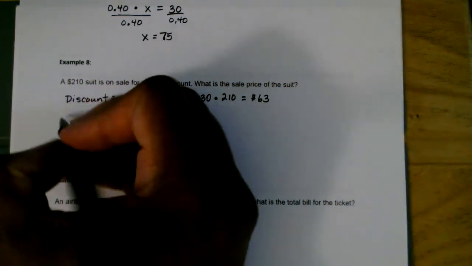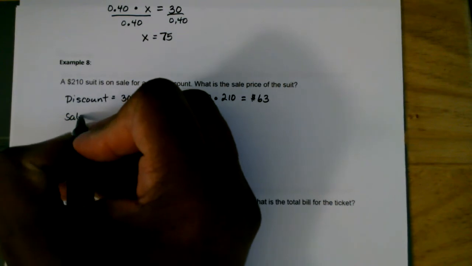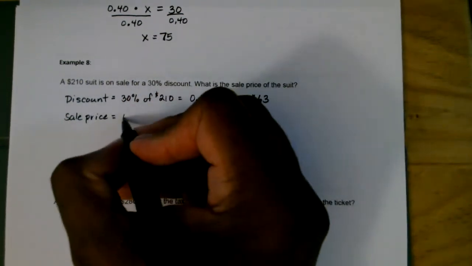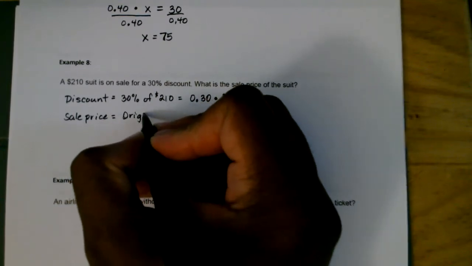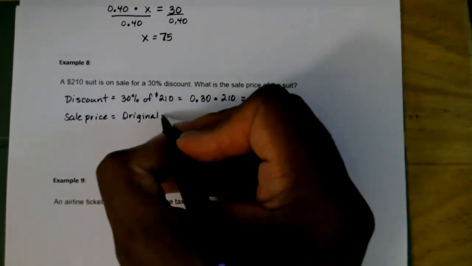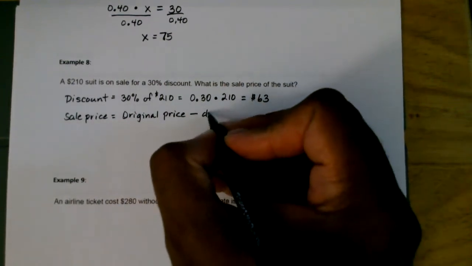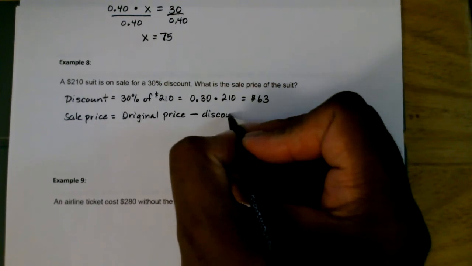And from that, we can find out what the sale price is. The sale price is going to be the original price of that suit minus its discount.